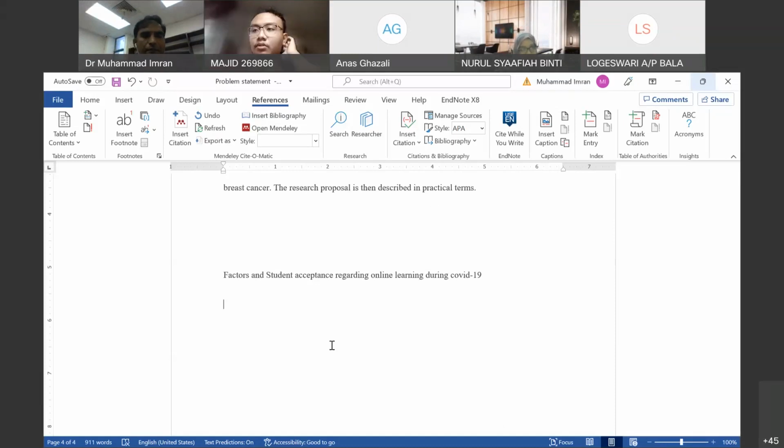This is a problem: low student acceptance of online learning. This is the practical problem, number one. And you have to give the source. Without a source, you cannot. Understand? Without a source, the researcher, or I, will not accept that your problem is real.